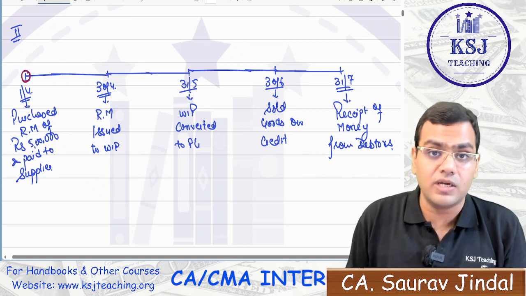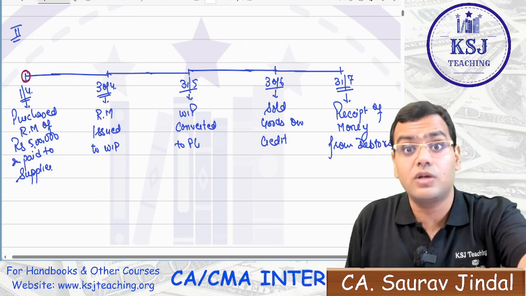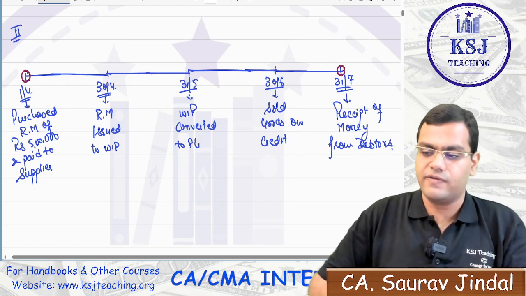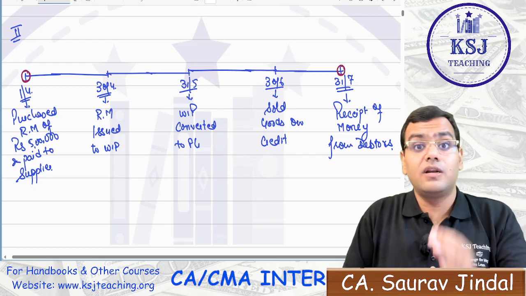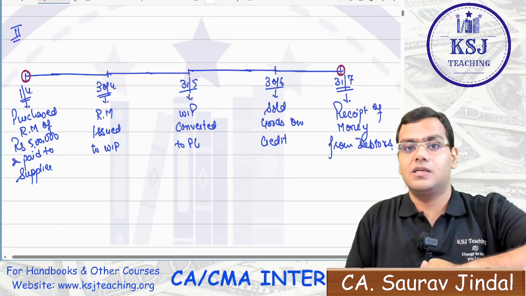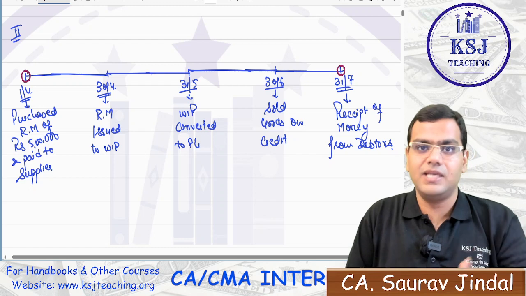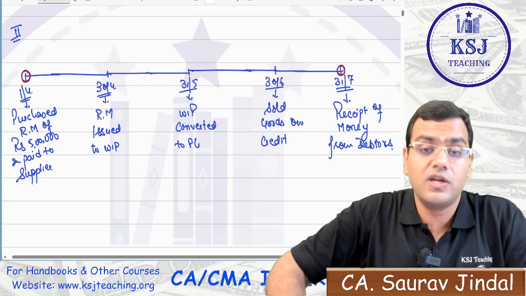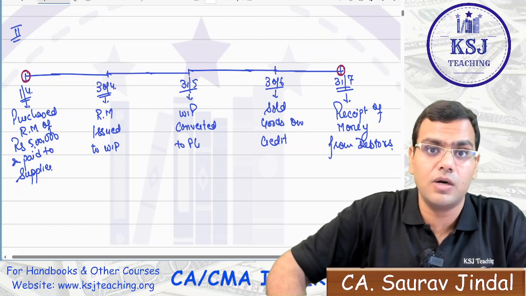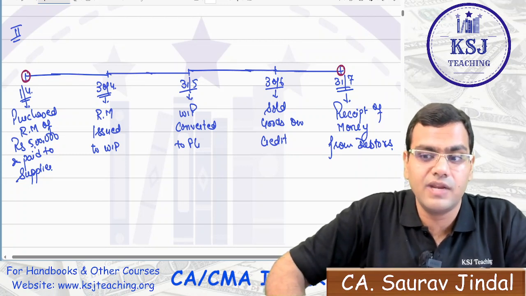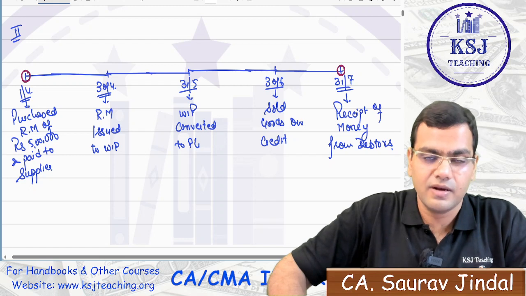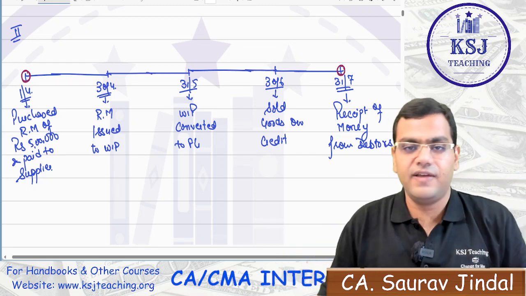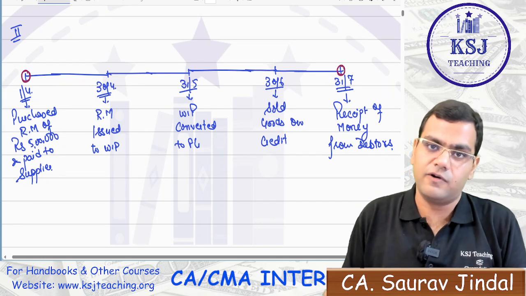As soon as you have sold the goods, or when you receive the money from the debtor, sir, you are going to recover this amount of 5 lakh rupees when you receive the money from the debtors. You have sold the goods, still the money is not there. So how can you say you have recovered 5 lakh rupees? If your debtors refuse to pay you, will you be recovering 5 lakh rupees? No. Right? So when are you going to recover that 5 lakh rupees? Only when you receive the full money from debtors, right?